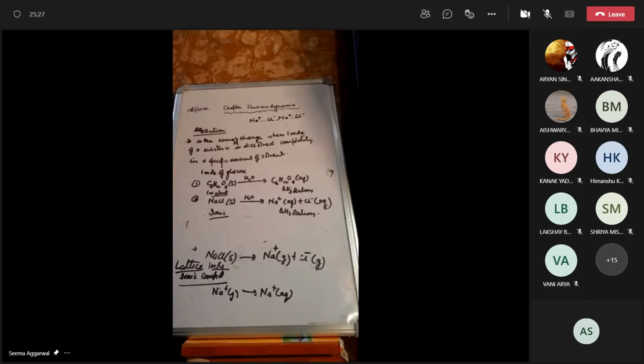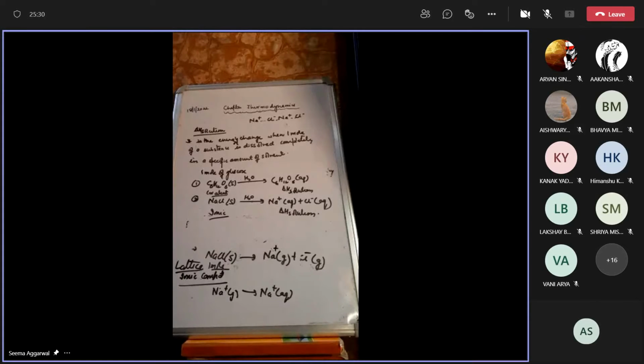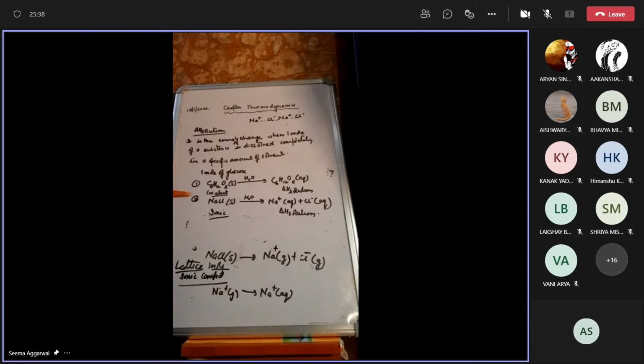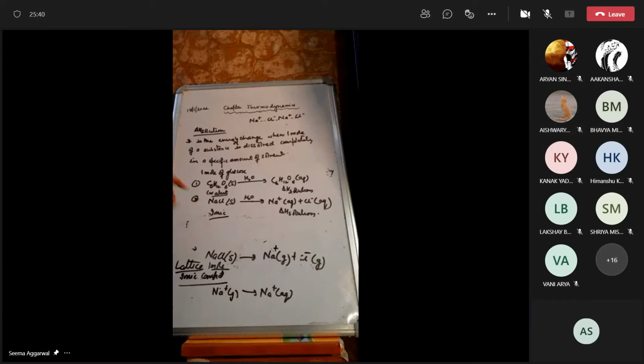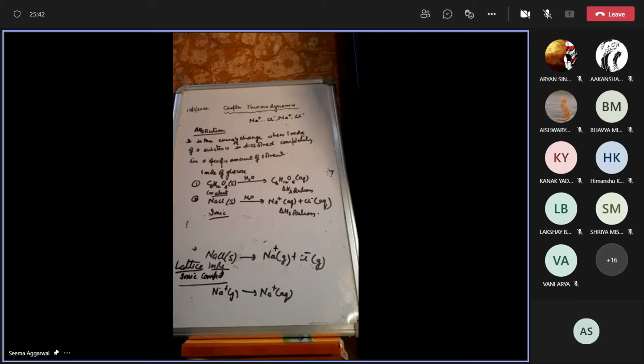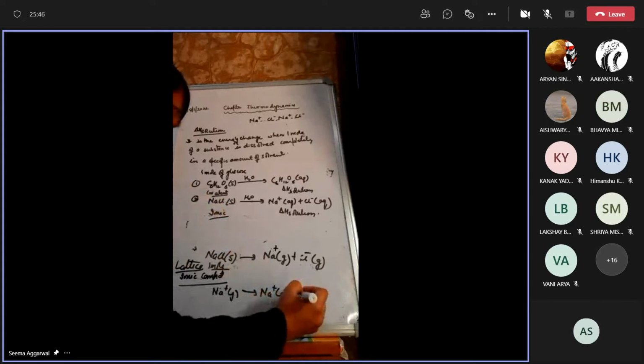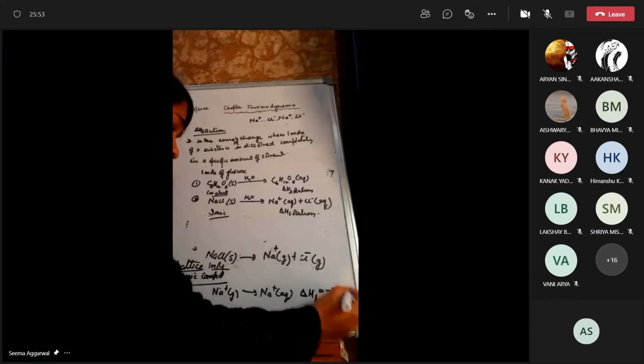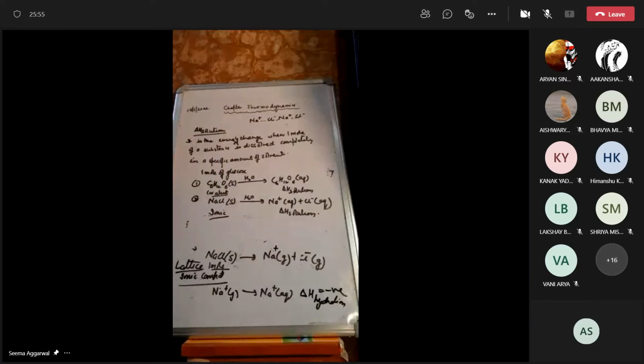When one mole of isolated gaseous ions are converted into aqueous ions. Delta H hydration means when 1 mole of gaseous ions are converted into aqueous ions. So this is called delta H hydration. Yes or no? Okay.